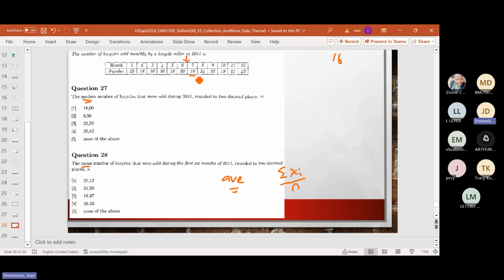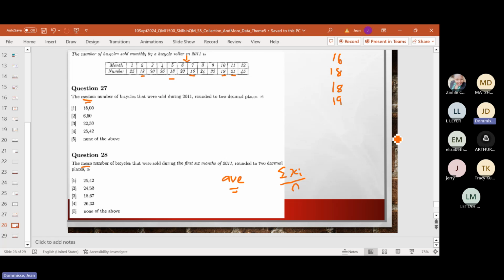So the smallest number is 16. Then we have two 18s. So 16, two 18s, 19. Let's see what else.